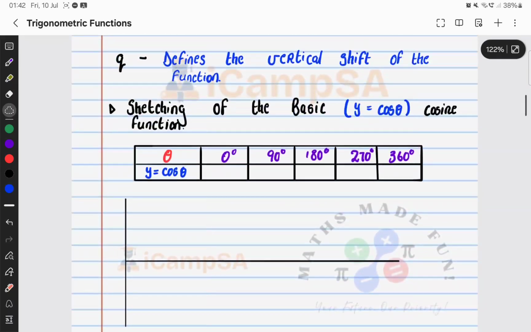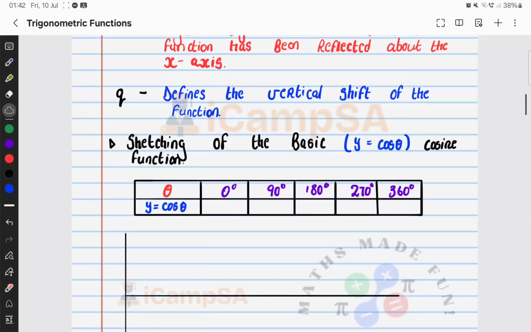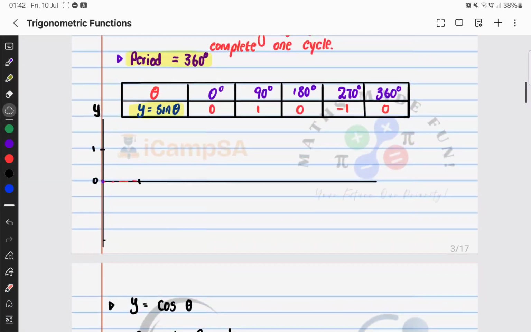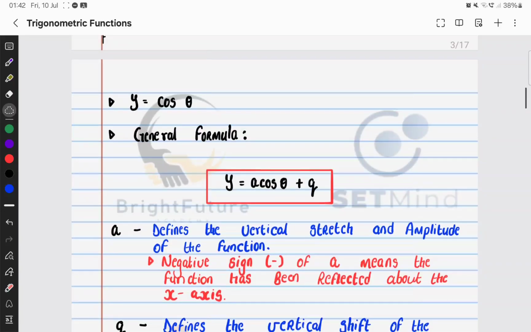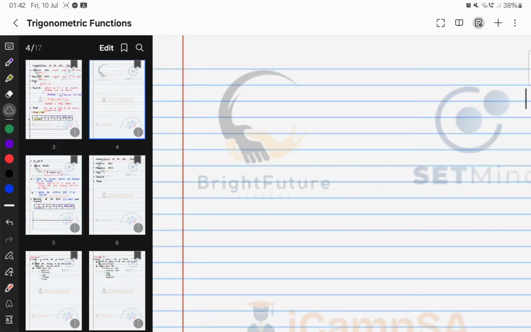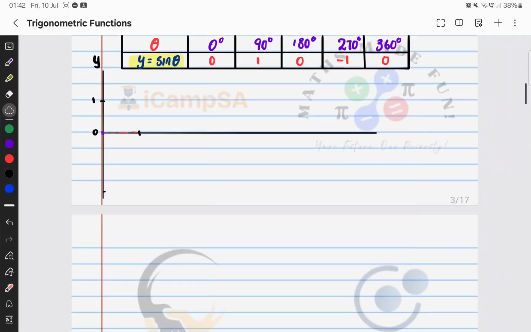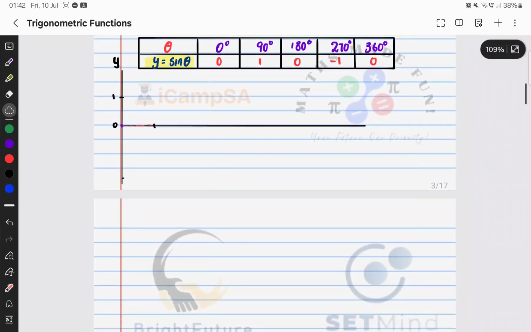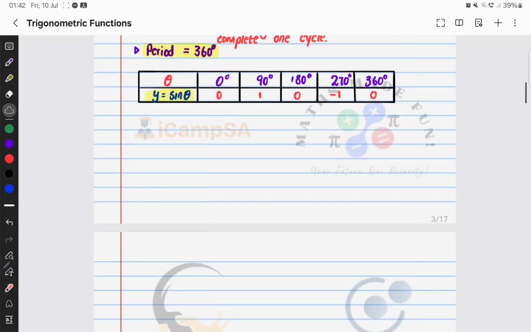I should have done this from there. Where to go? Where did I add the period now? The page should come here. Yeah, this is where we are. I'll start this one afresh.